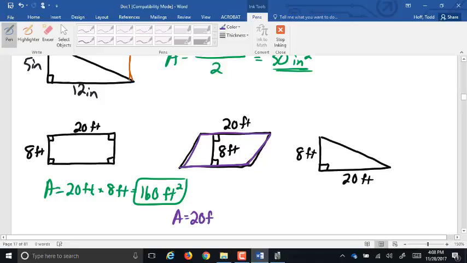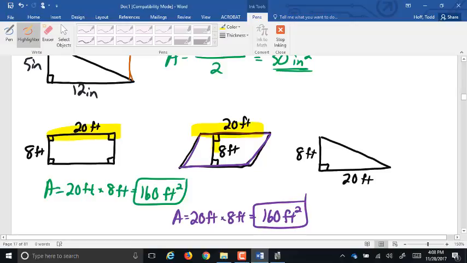It's the same thing. 20 feet times 8 feet is going to be 160 square feet. Just because it's slanted, it still covers the same amount of space. This original length is still 20 feet, and it still was moved 8 feet.